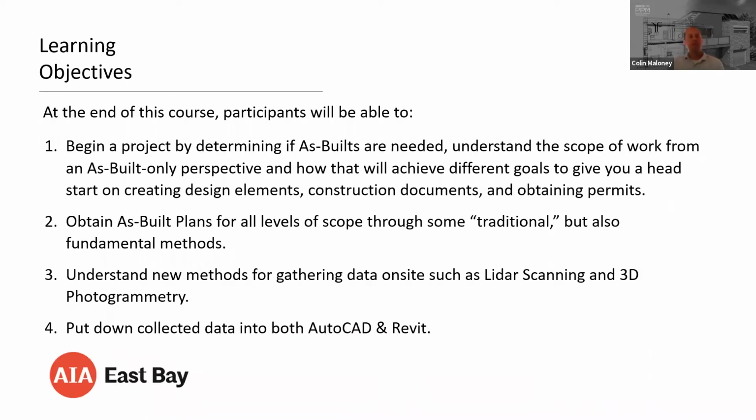At the end of the course, you should be able to begin a project by determining if as-builts are needed, obtain the as-built plans for all levels of scope through traditional but also fundamental methods, understand some of the newer methods for gathering data on site, such as lidar scanning and 3D photogrammetry, and put the collected data into both AutoCAD and Revit.